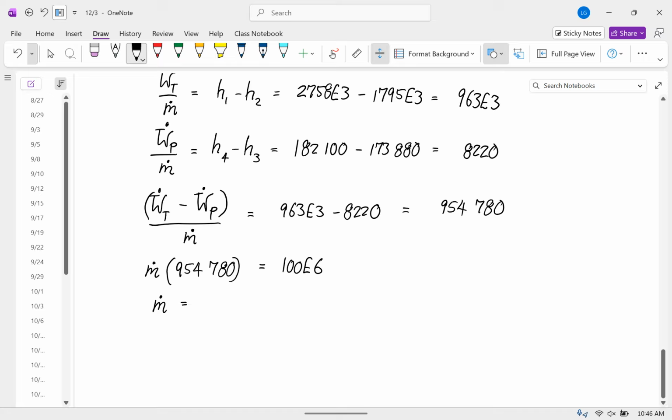And so the mass flow rate is 104.74 kilograms per second.